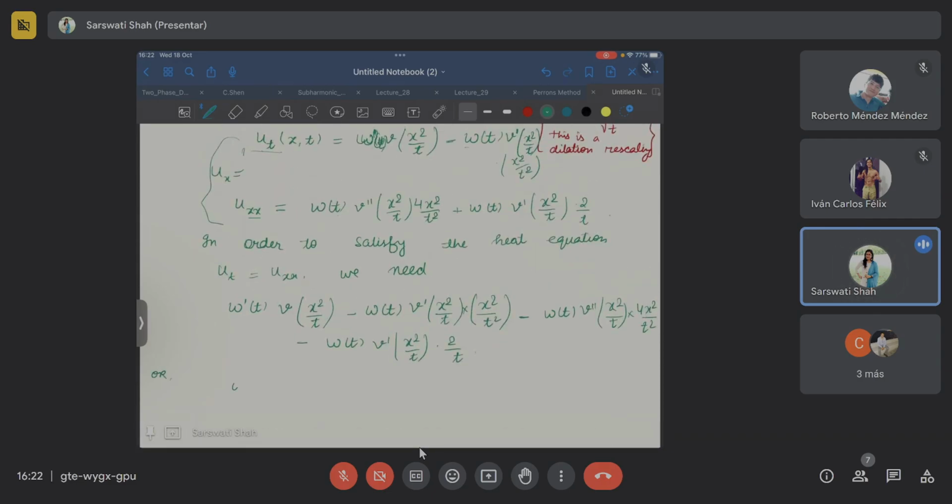Or you can write w'(t) v(x²/t), taking w(t) outside. This is basically the variable separation form, so I will separate it into a part solely a function of t and a part solely a function of x²/t. That is my aim here.